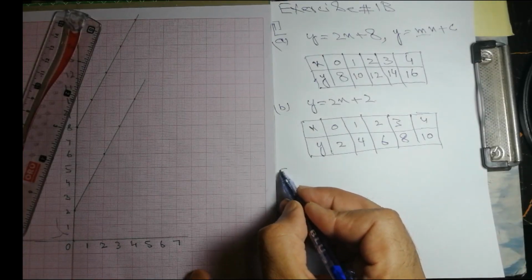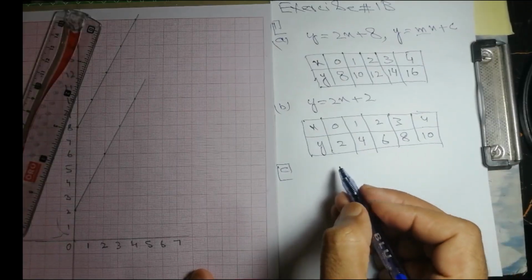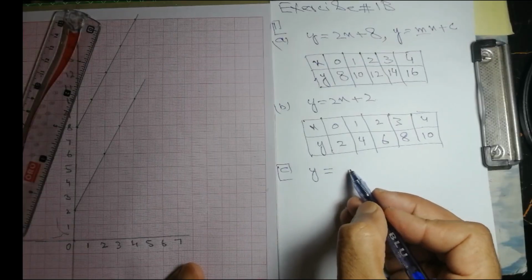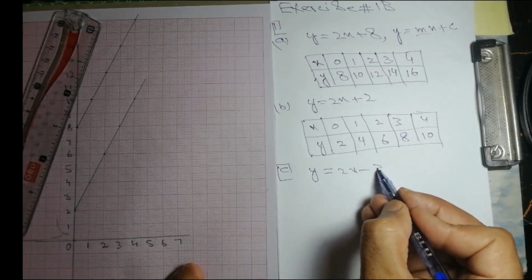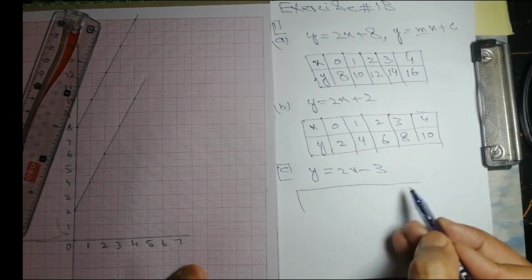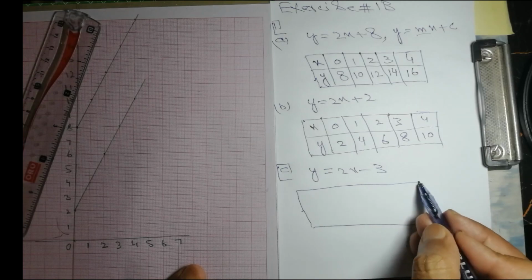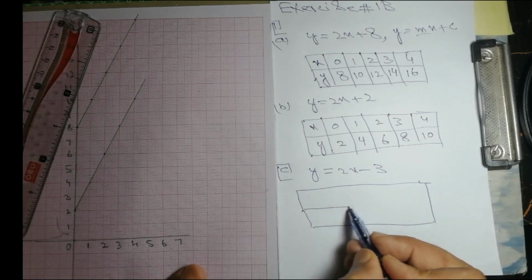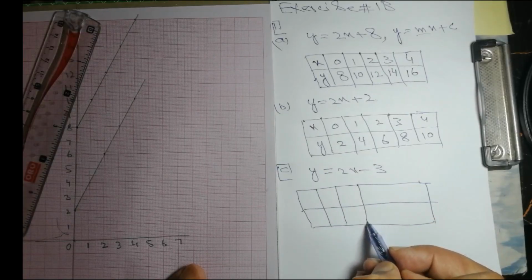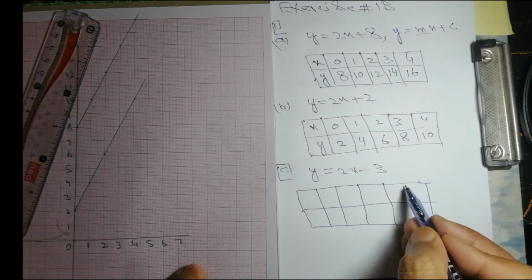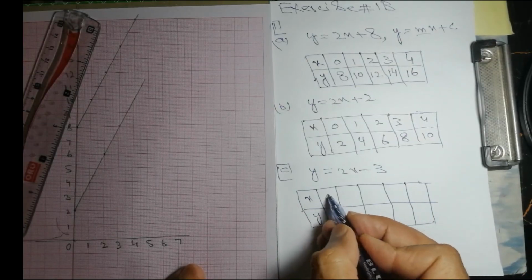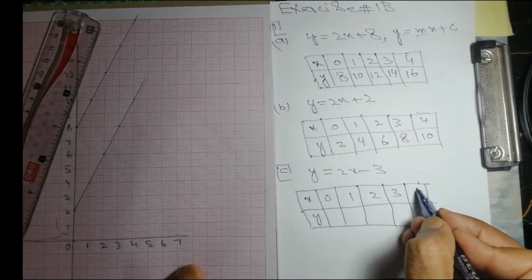Similarly, part C. In part C, the equation is y equal to 2x minus 3. So make the table the same as before. So x, and here will be the value of y: 0, 1, 2, 3, 4.